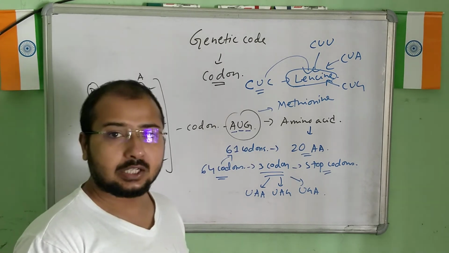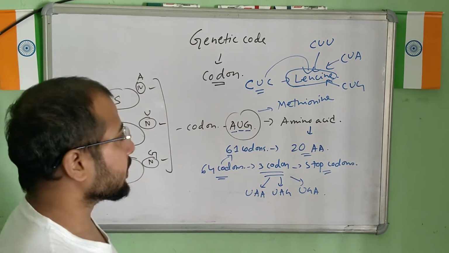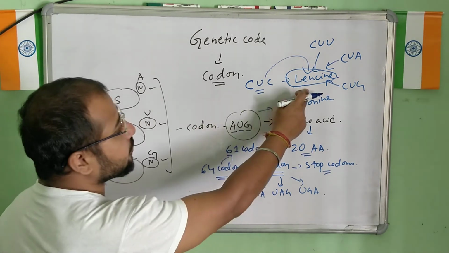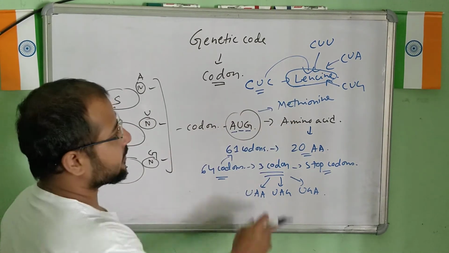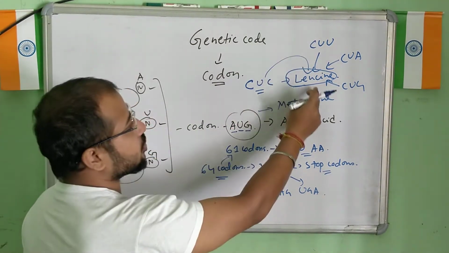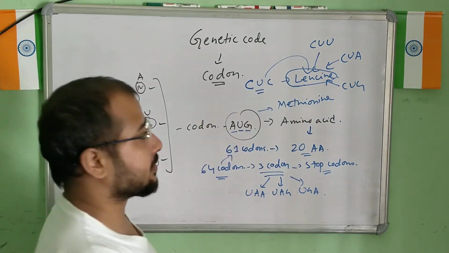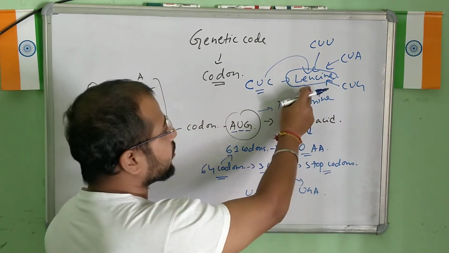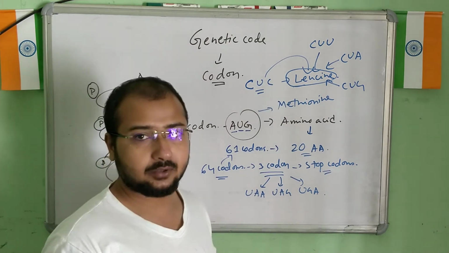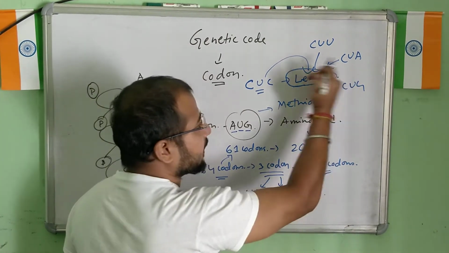This is the degeneracy property. You see, CUC always codes for leucine and no other amino acid. CUU always codes for leucine and no other amino acid. CUG also only codes leucine. So they are very specific to a particular amino acid.